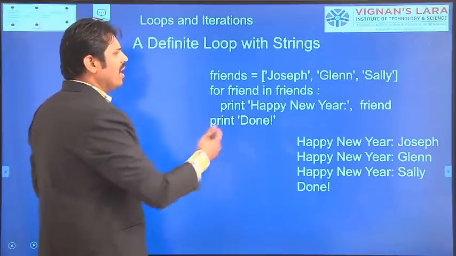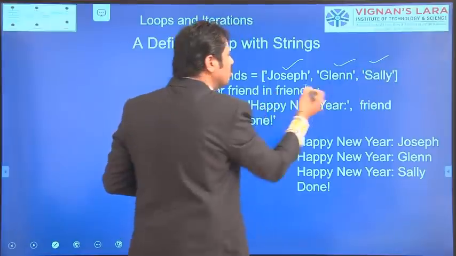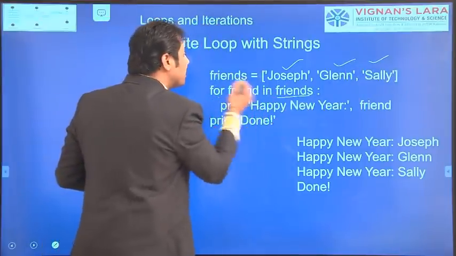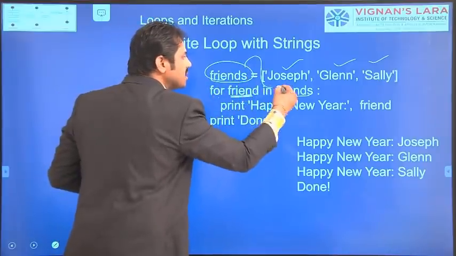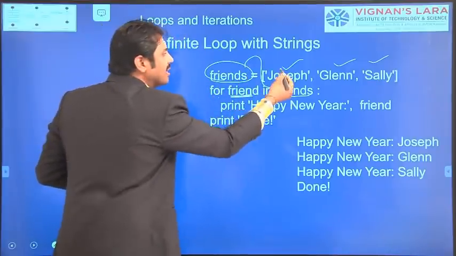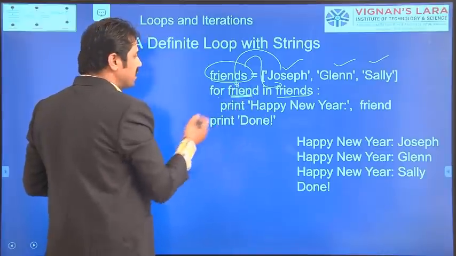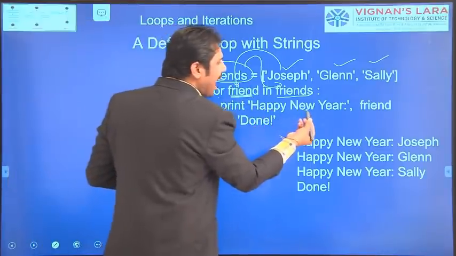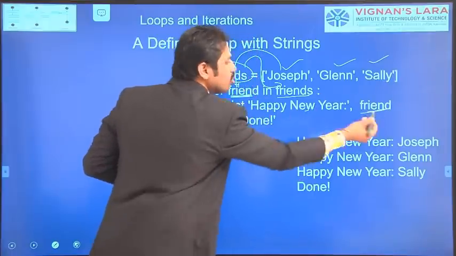Like this we have another example. Here I am taking 3 values in friends. This is the array I am taking. For the first time we have Joseph, so it prints Happy New Year Joseph. Friend means Joseph here.